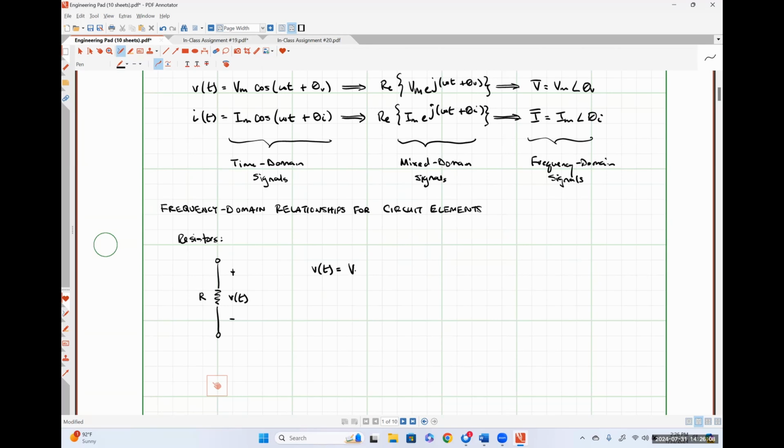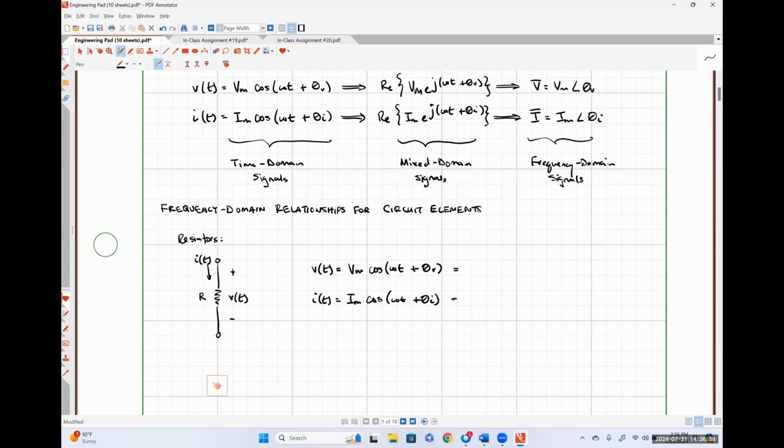So I'm going to call this Vm cosine omega t plus some phase angle theta v. And because there is a voltage drop across our resistor, we should expect that there's some current flowing through our resistor as well. And our current should be of the same form. So we would have Im cosine omega t plus some phase angle theta I.